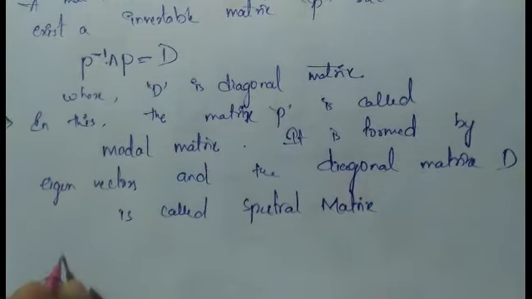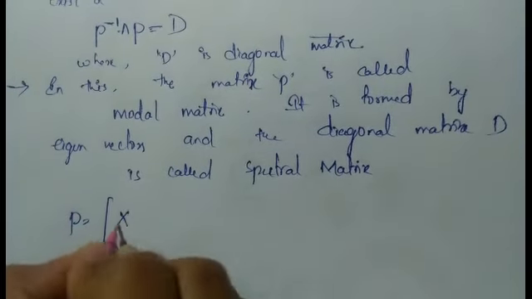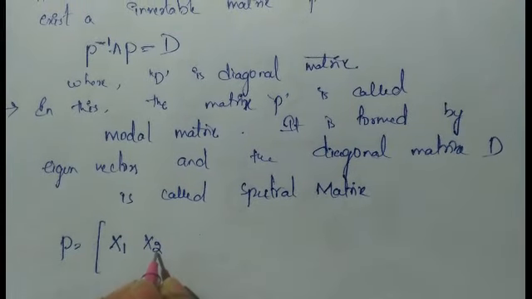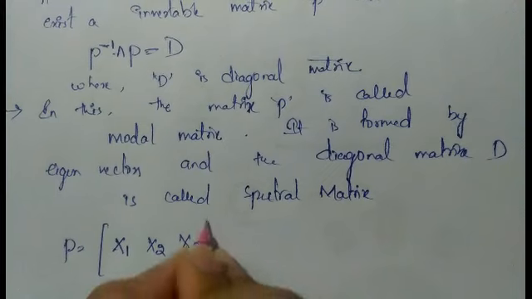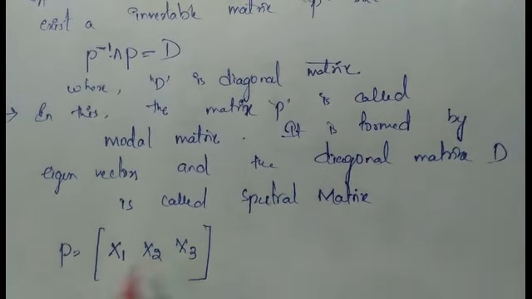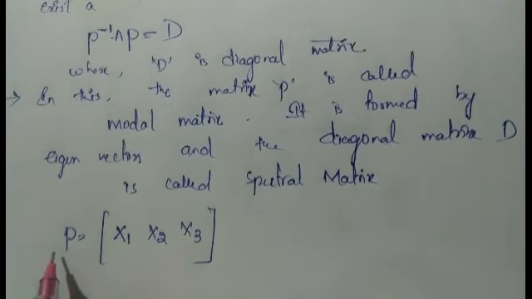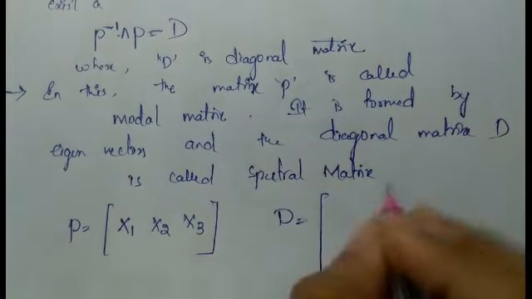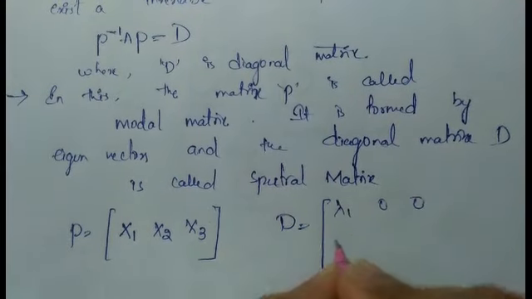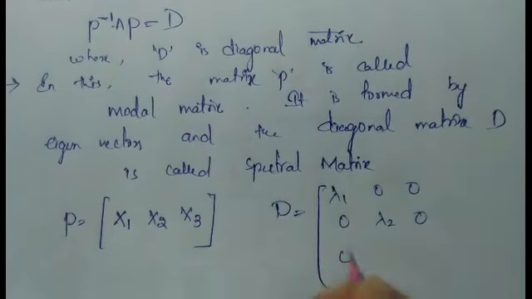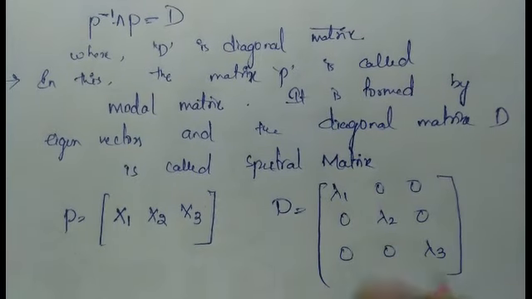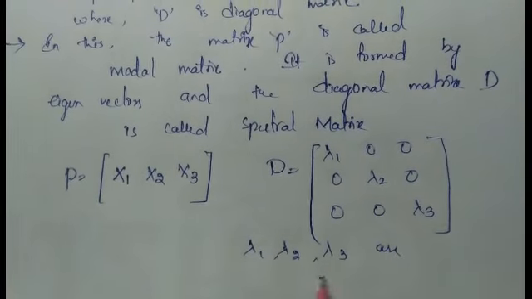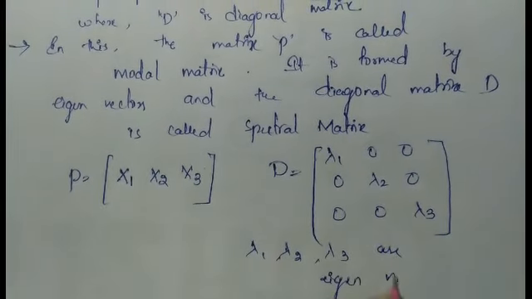So here we write P as the eigenvector of the first eigenvalue, the eigenvector of the second eigenvalue, and the eigenvector of the third eigenvalue. We write them in a matrix that is called the model matrix, denoted by P, and we write the diagonal matrix D as lambda 1, 0, 0; 0, lambda 2, 0; 0, 0, lambda 3. Here lambda 1, lambda 2 and lambda 3 are eigenvalues.